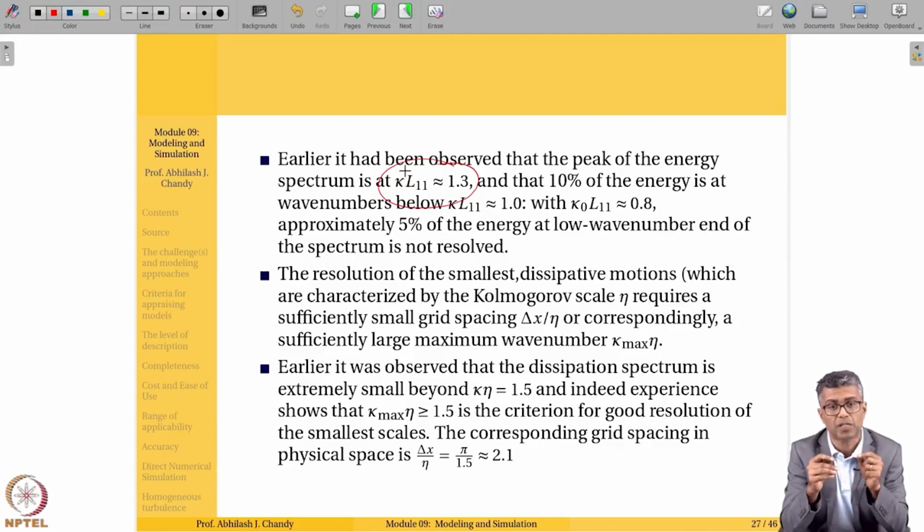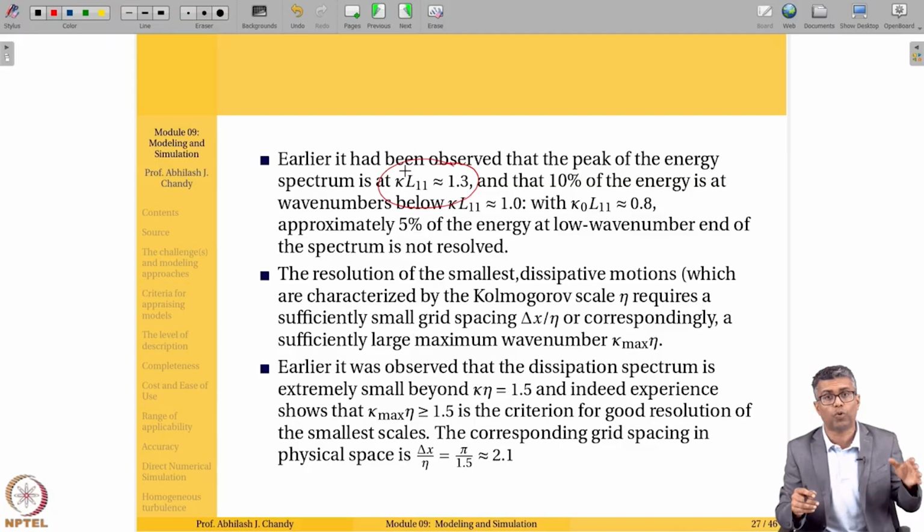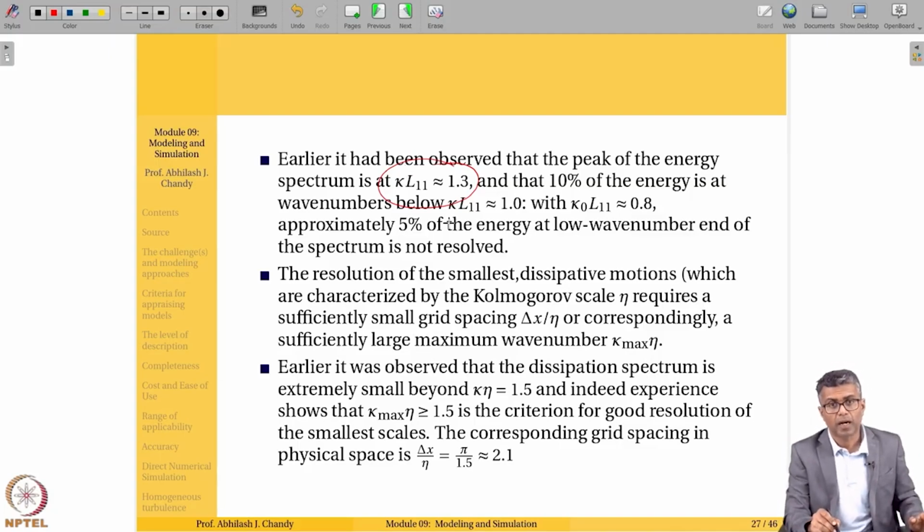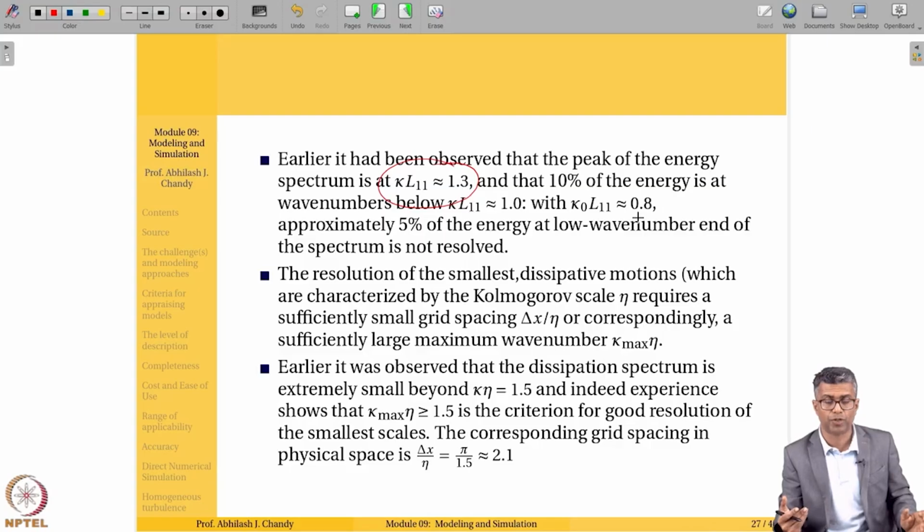And that 10% of the energy is contained below wave numbers kappa L11 equal to 1. So if you use kappa naught L11 equal to 0.8, which is what we are planning to use, then approximately 5% of the energy in the energy containing range, in the low wave number range, that is not captured. You are missing out on 5%. You understand what I mean?